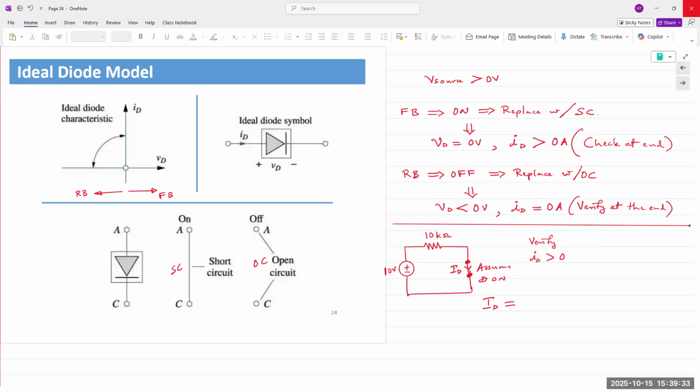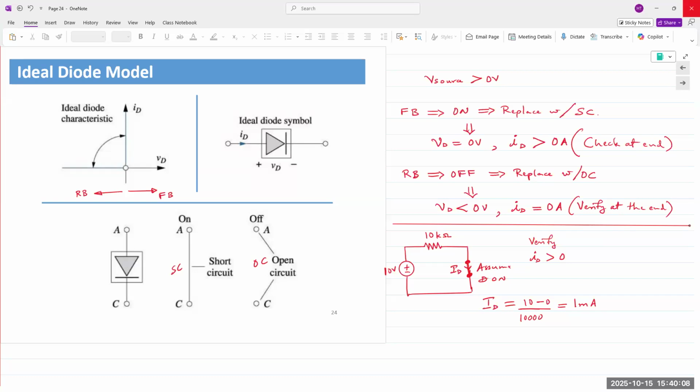So if it's 0 volts, then 10 volts appears across the 10 kilo ohm resistor, and simply 10 divided by 10,000, or I would say technically 10 minus 0 over 10,000, which gives me 1 milliamp. Diode voltage VD is 0. And so ID is simply 10 minus 0 over 10,000.